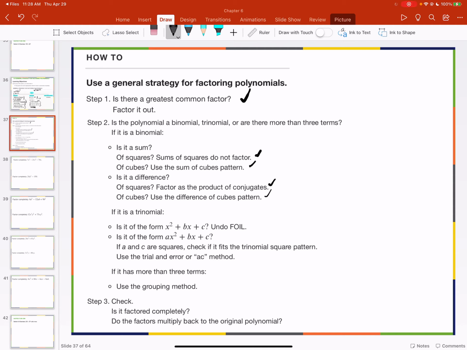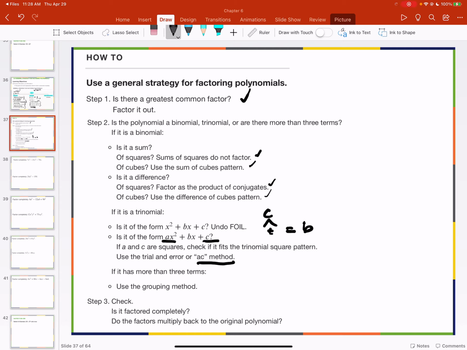If it's a trinomial, you ask yourself, is it the form x squared plus bx plus c? Undo FOIL, or just use what I said: factors of c that added together give you b. If it's the form ax squared plus bx plus c, and it's a perfect square trinomial, you can use that pattern, or otherwise you can use the AC method. I don't really recommend trial and error unless you're very good at mental math, in which case by all means go for it.